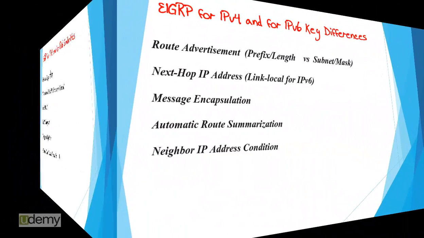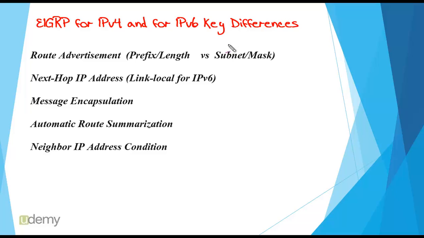And finally, both of them use the same formula for metric calculation, as we talked about in the previous lecture. Now their differences. As you know, IPv6 uses the prefix and length format for showing the IP, for example 2001::/64, and IPv4 uses the format of, for example, 192.168.0.0/255.255.255.0.